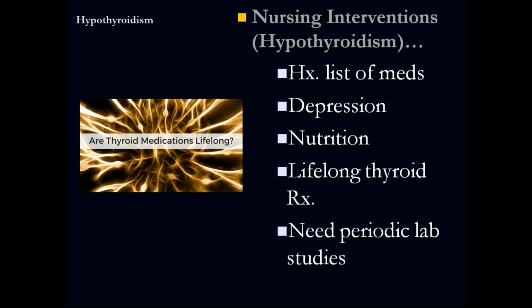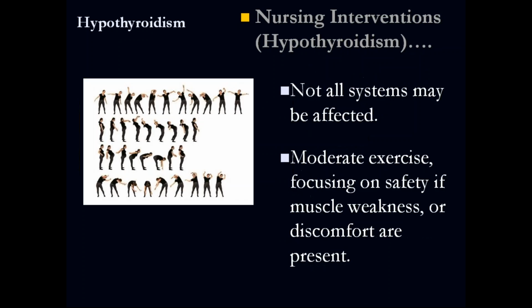Lifelong thyroid treatment needs periodic laboratory tests. How often? Depends. Every month or every 2 months. Mostly the patient is going to be trained by the nurse to identify when we need to increase or decrease the dose. When it's out of control, they need to make an appointment to have the levels of TSH and T4 checked.